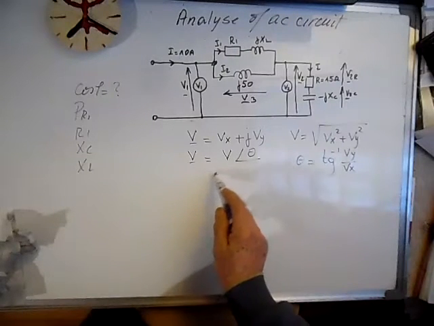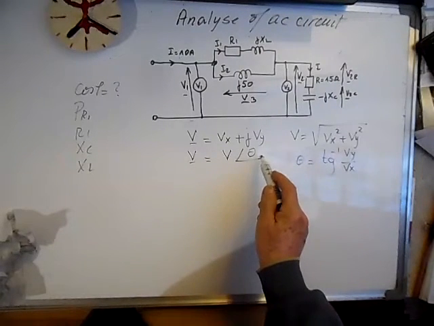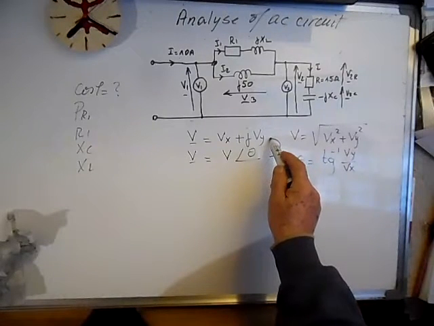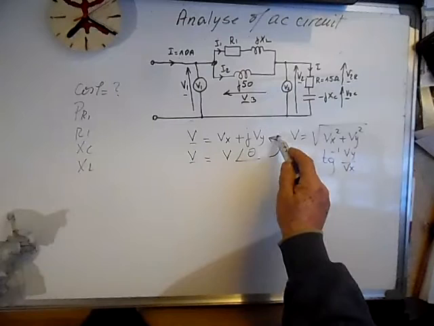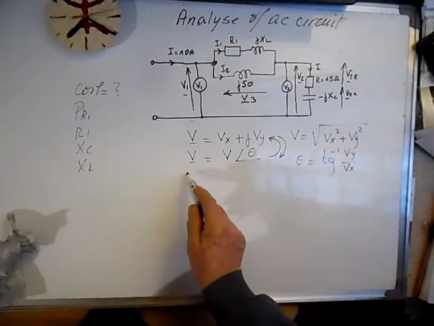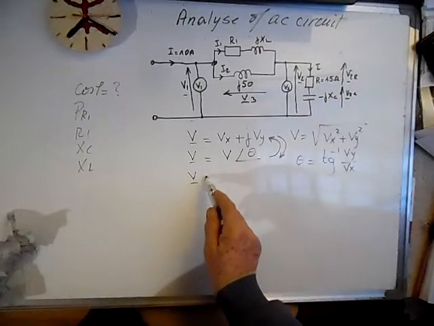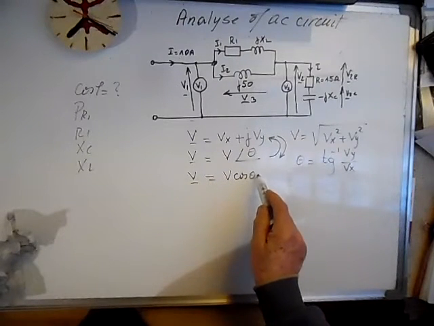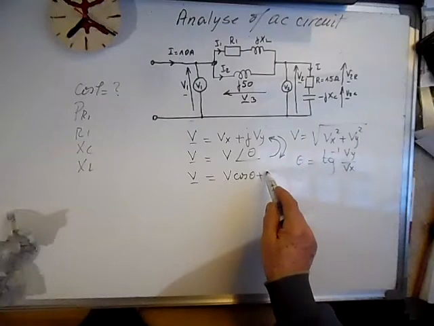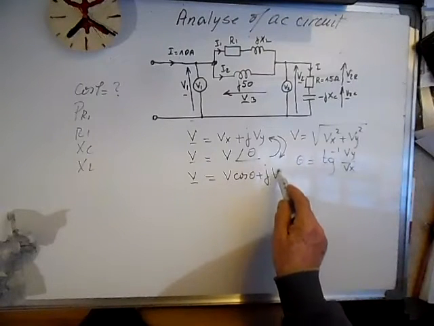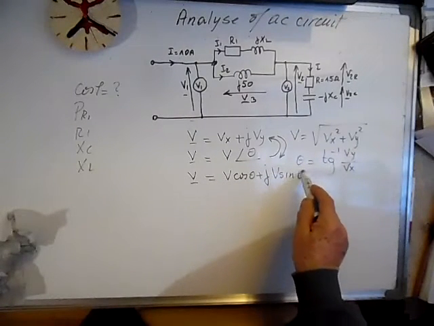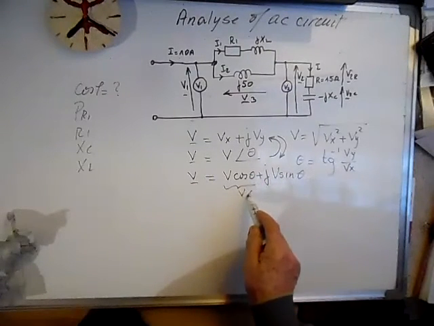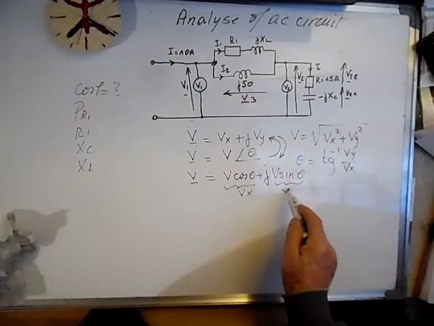The third way will help us to go from this form to this form, or vice versa. It's V cosine theta plus j V sine theta. This form will help us to calculate Vx and Vy.